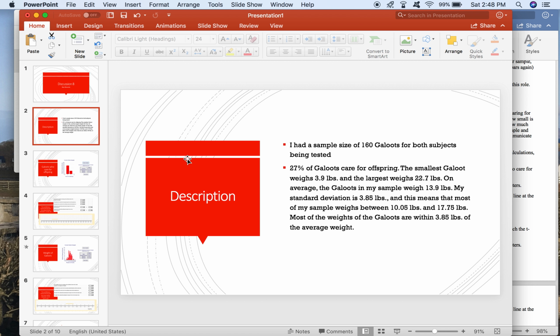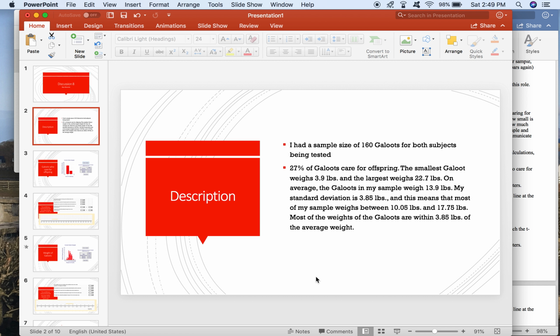On average, the sample weight was 13.9 pounds. The standard deviation for this data was 3.85 pounds, and this means that most of the sample weighs between 10.5 and 17.5 pounds.